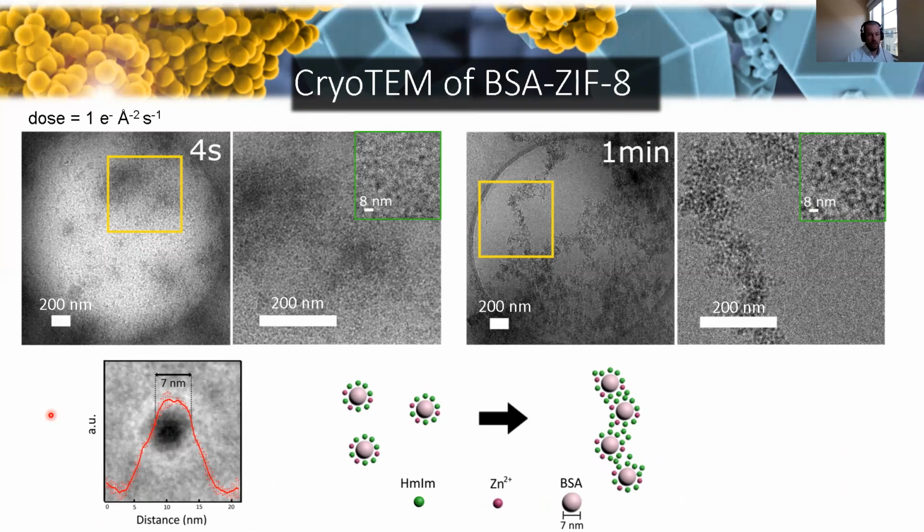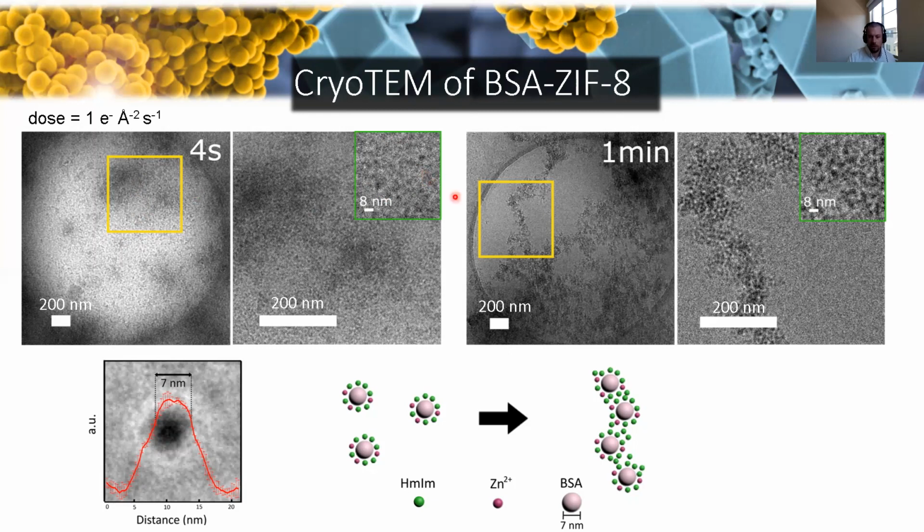So in the early time points, we actually start to see lots of very, very small particles that are starting to aggregate together. So in the 4-second time period, if we zoom in, we have these very small, roughly 7 to 8 nanometer particles, which we think are the protein itself. It's a 7 nanometer protein.